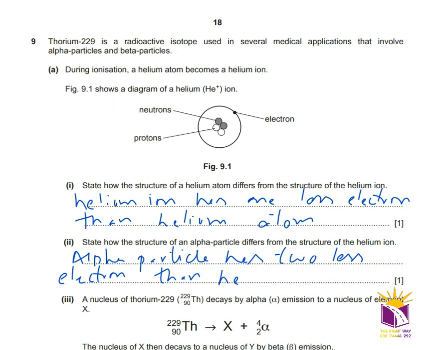Sorry, it is the structure of helium ion. So helium ion will have one less electron than helium ion. Or you can write it as it contains plus 2 charge. Helium alpha particle contains plus 2 charge while helium ion contains plus 1 charge.